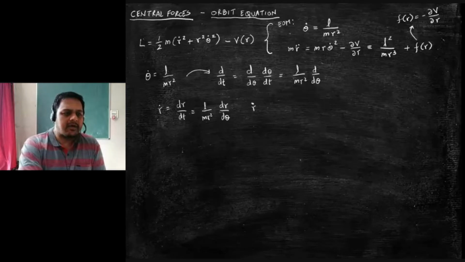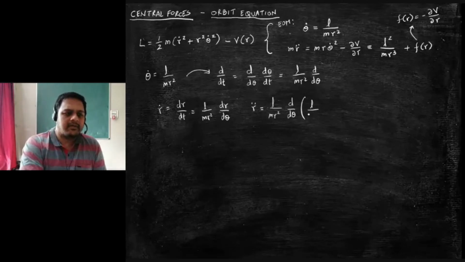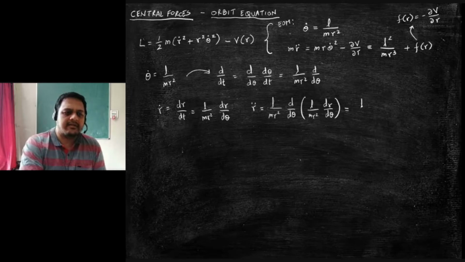Similarly, r double dot can be written as L by mr square d by d theta operating on L by mr square dr by d theta, which we can write as L square by m square r square d by d theta of 1 by r square dr by d theta.